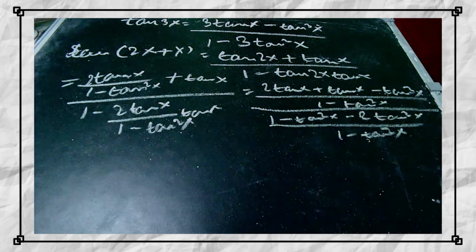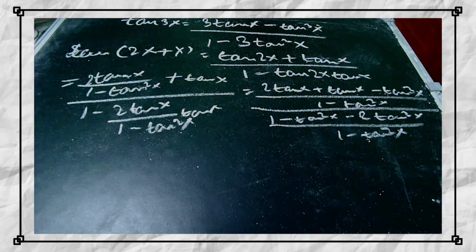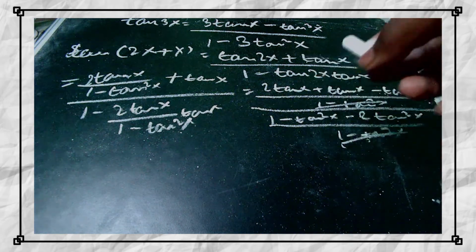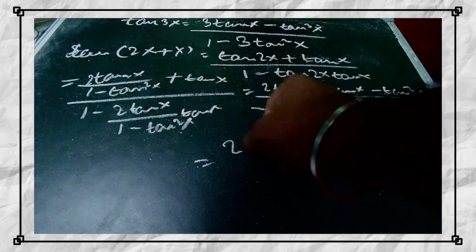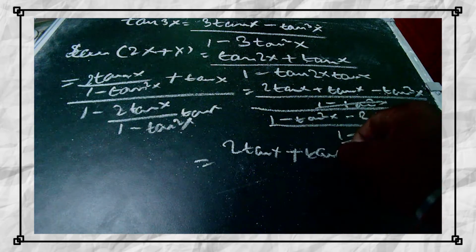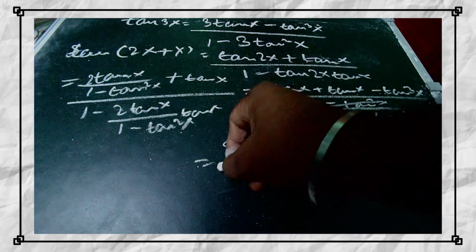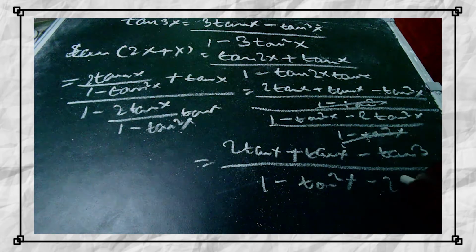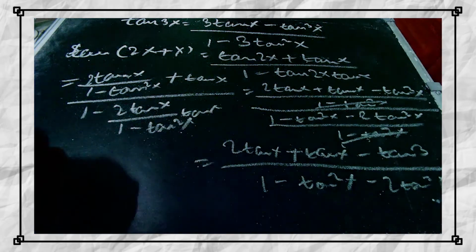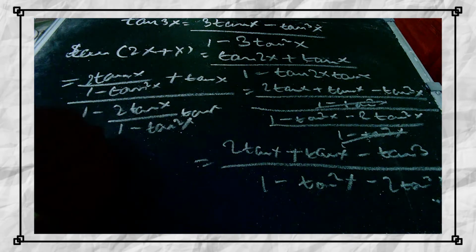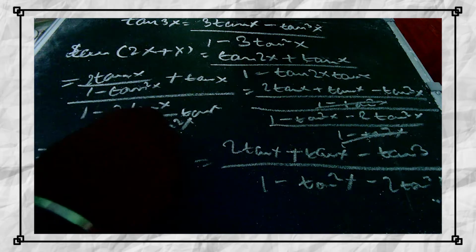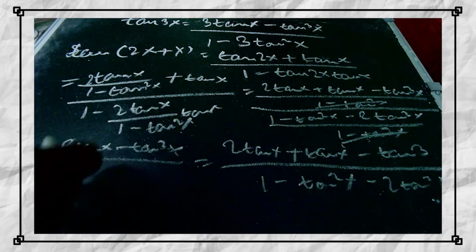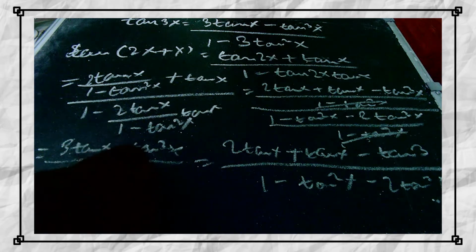In the numerator and denominator both are divided by 1 minus tan square x, so 1 minus tan square x gets cancelled and we will be left with 2 tan x plus tan x minus tan cube x whole divided by 1 minus tan square x minus 2 tan square x. So after simplification we will get 2 tan x plus tan x is 3 tan x and minus tan cube x, and in the denominator 1 minus tan square x minus 2 tan square x, it will be 1 minus 3 tan square x.